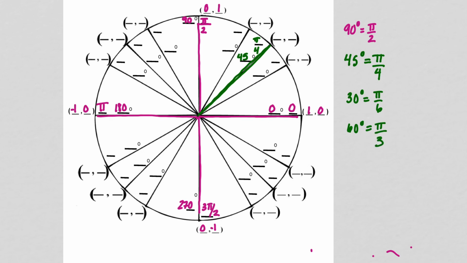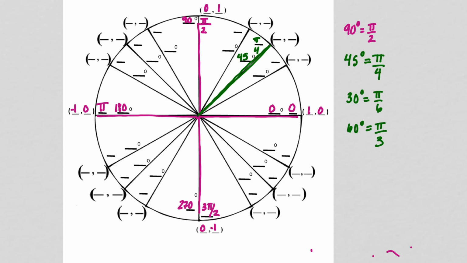Now, I think it's helpful if you memorize them. You don't have to, right? Because you can always take the degrees and convert it to radians by multiplying. Remember, we did that by multiplying by pi over 180. So you can go back and forth. But just in case, it's helpful if you kind of drill into your head, 45 degrees, pi over 4. 30 degrees, pi over 6. 60 degrees, pi over 3.